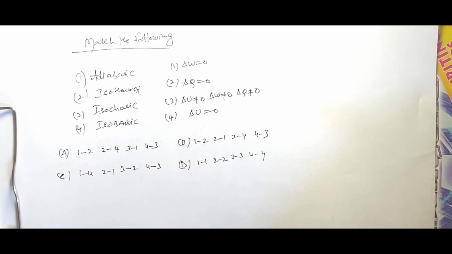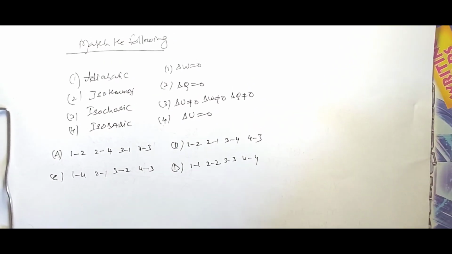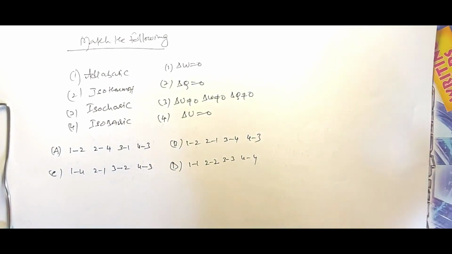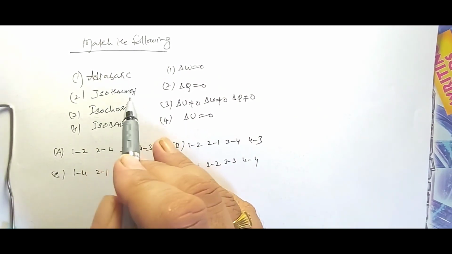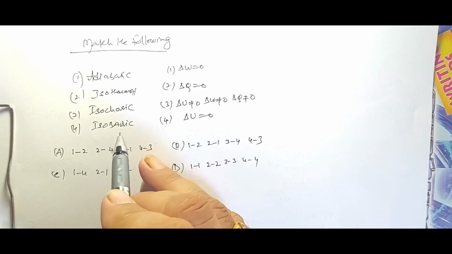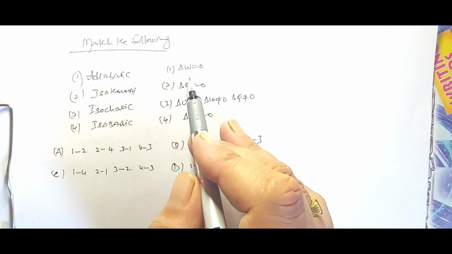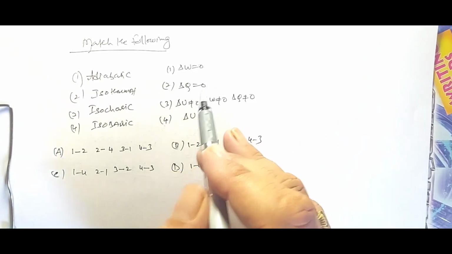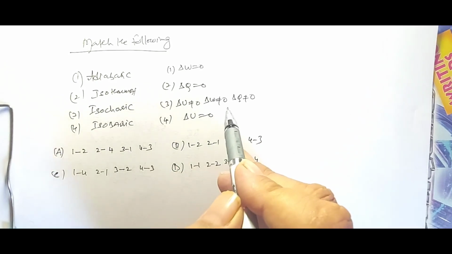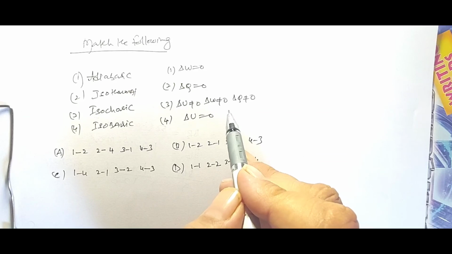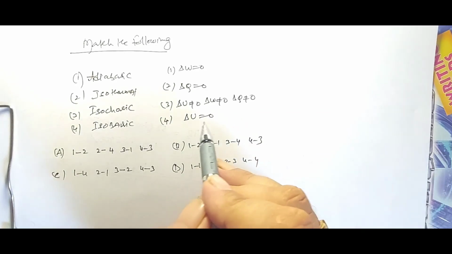Okay, next question. They ask to match the following. Here: adiabatic, isothermal, isochoric, isobaric. On this side they gave delta W is equal to 0, delta Q is equal to 0, delta U not equal to 0, delta W not equal to 0, delta Q not equal to 0, delta U is equal to 0.